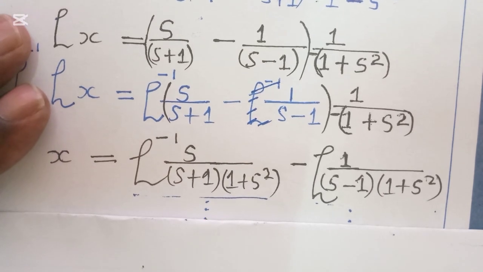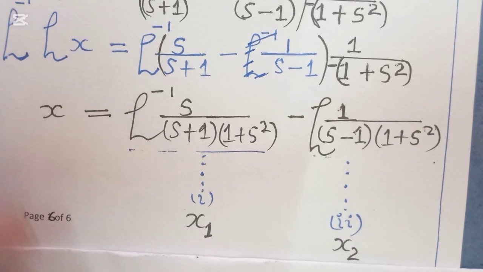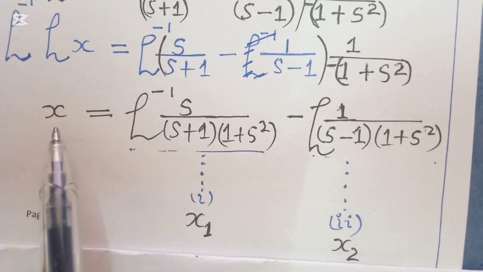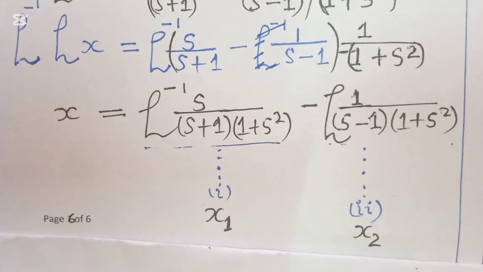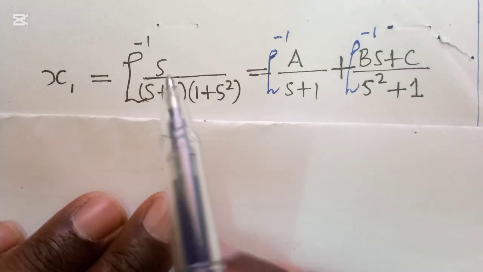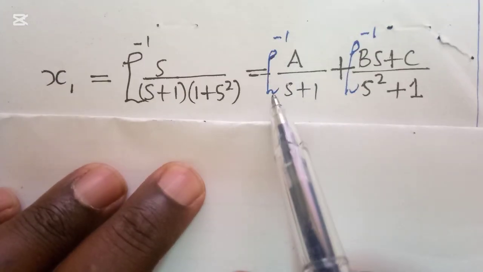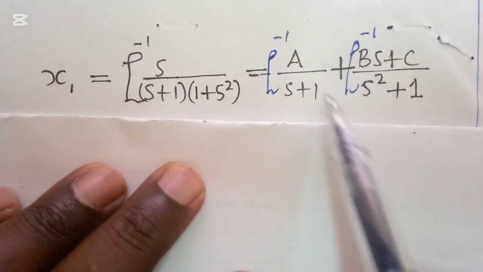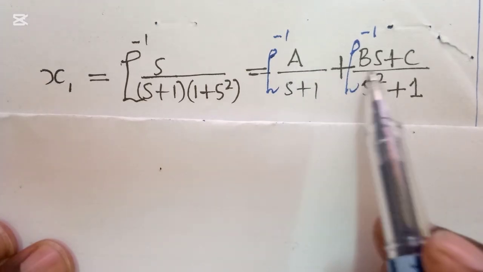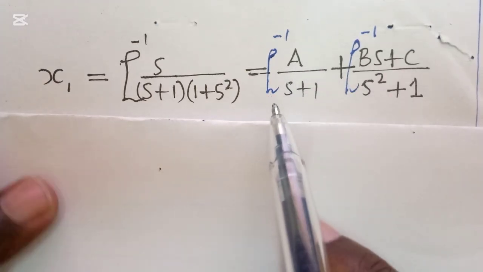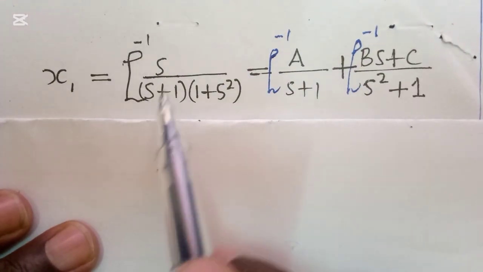We've given those values x1 and x2, so that x1 plus x2 will be equal to x. So guys, now we have this equation. Before we do the inverse Laplace transform, we get our unknowns, that is A, B, and C. First we disregard the inverse Laplace transform.